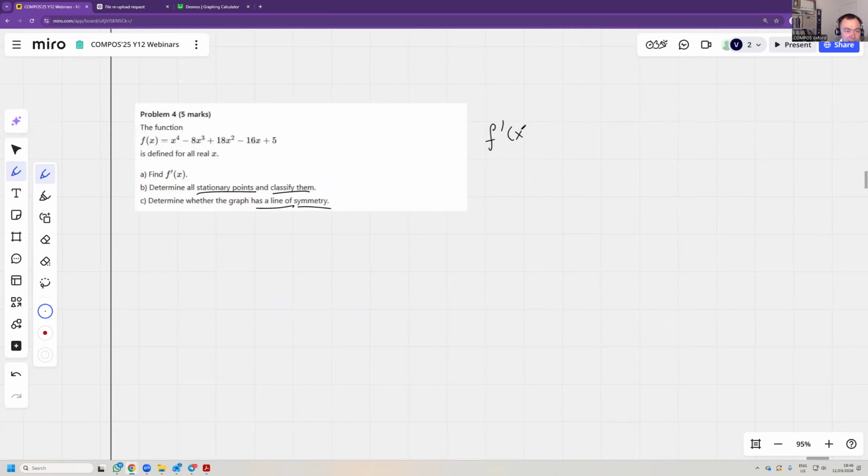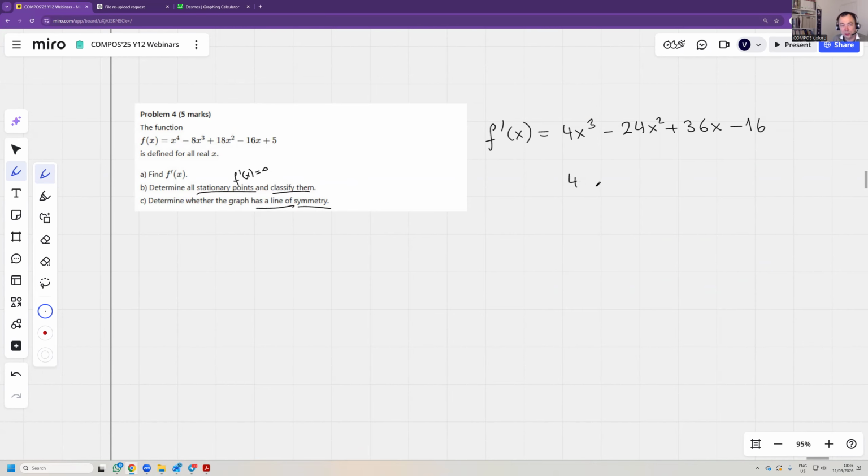F dash of x is 4x cubed minus 24x squared plus 36x minus 16. We need to find the stationary points. Stationary points is when the derivative is 0. So we make that equal to 0.